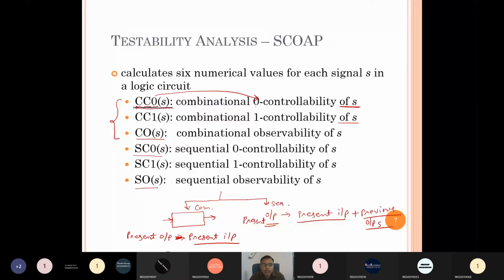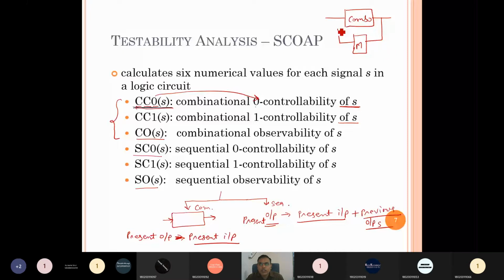A sequential circuit contains a combinational part with some memory elements like flip-flops or registers. Here the output depends on the previous output, which is stored, as well as the present input.